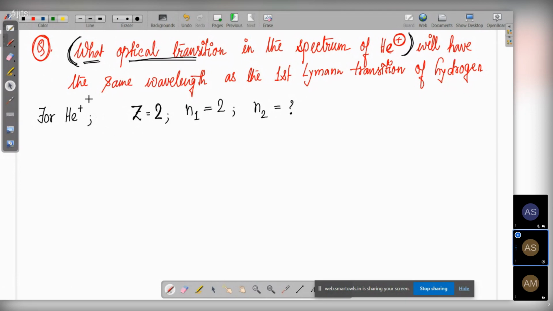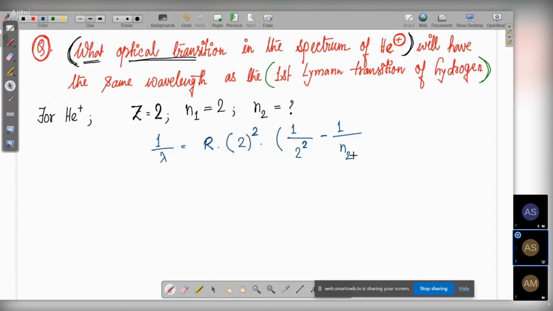Now there is the second part: same wavelength as the first Lyman transition of hydrogen. But before that, let's frame the equation. So 1 by lambda is equal to R into Z square, where Z is 2 for helium plus, into 1 by 2 square minus 1 by N2 square.